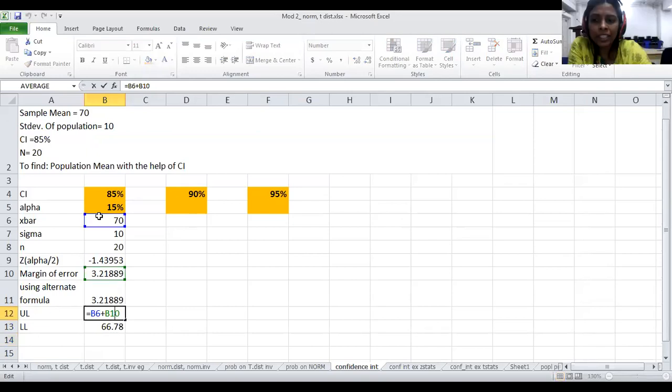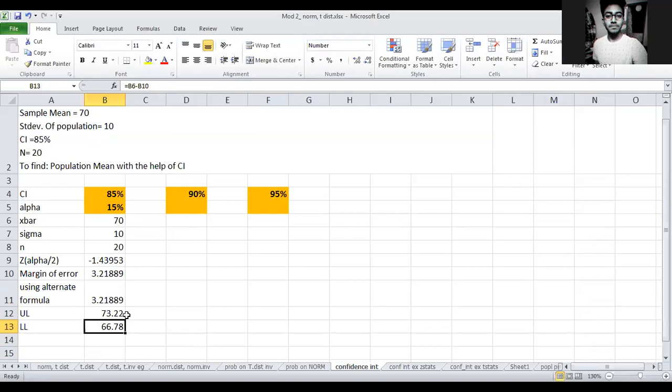Upper limit is X bar plus your margin of error, which you have calculated. Okay. And your lower limit is X bar minus your margin of error. You will get your lower limit. Okay. Now, please do not stop after finding your upper limit and lower limit. This is not the end of your solution.